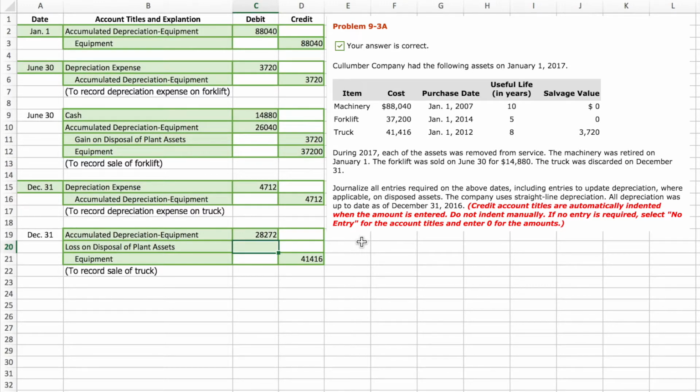So because of that, there is a bit of a loss on the truck. So all you have to do for this is you just take the total amount that the truck cost them, which was $41,416, and subtract the accumulated depreciation on equipment, which was the $28,272, and you get a total of $13,144.